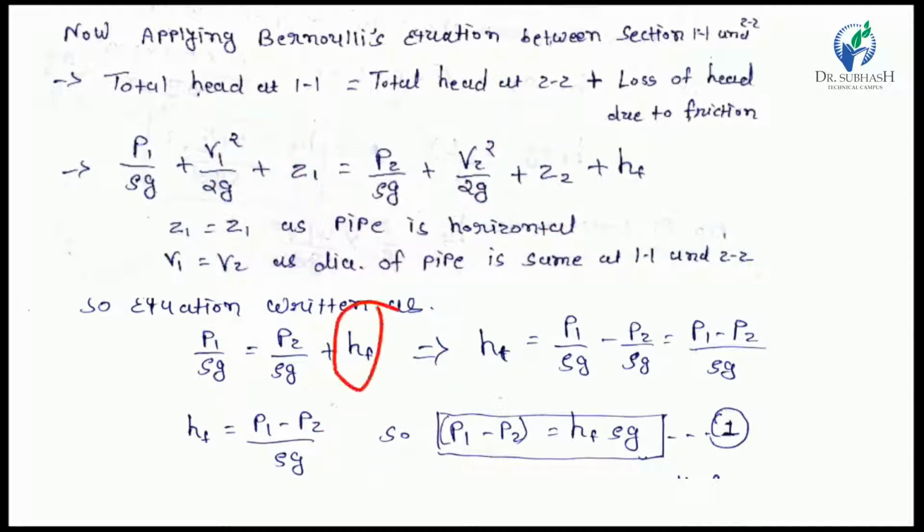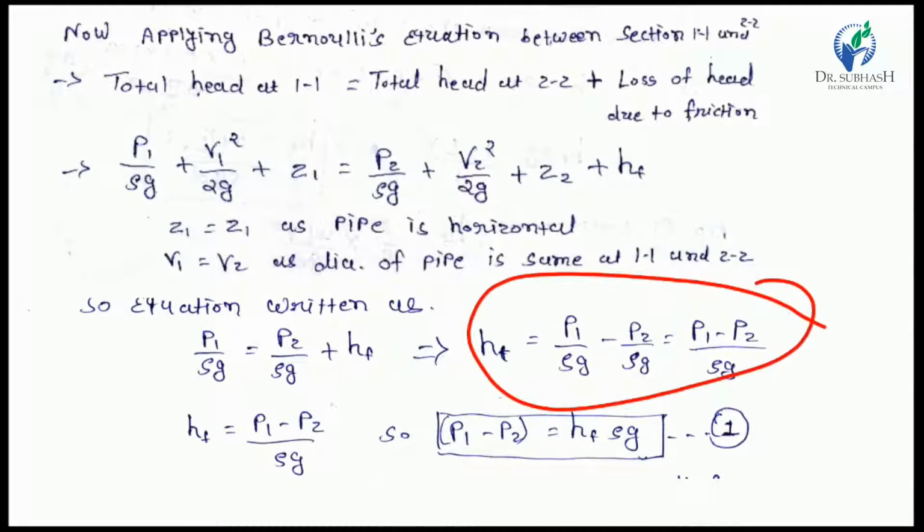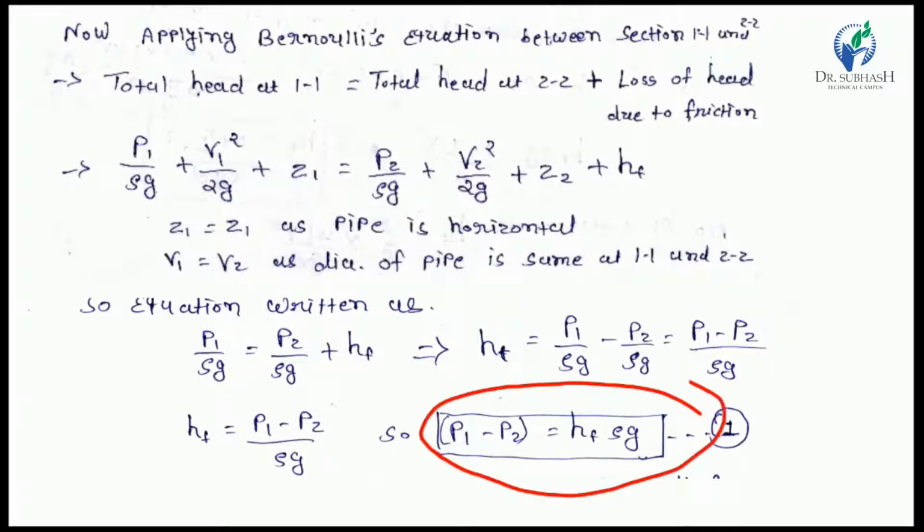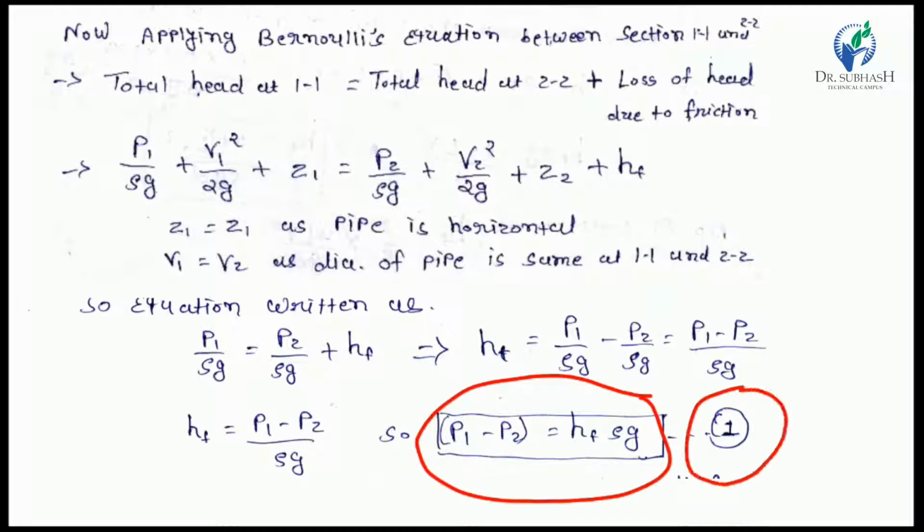Now we have to find the loss of head, so HF is equal to P1 minus P2 upon rho g. Now write the equation in the form of pressure difference: P1 minus P2 equals HF rho g, and this is defined as equation 1.